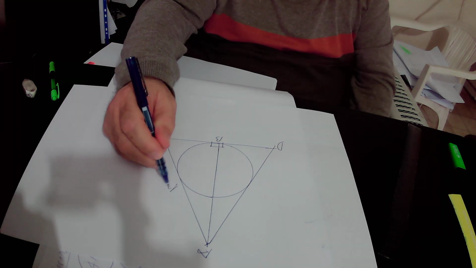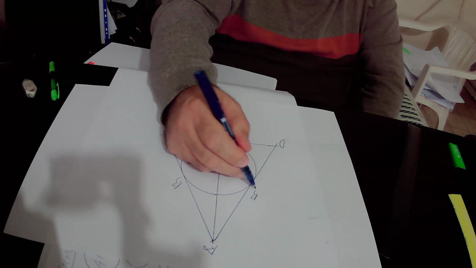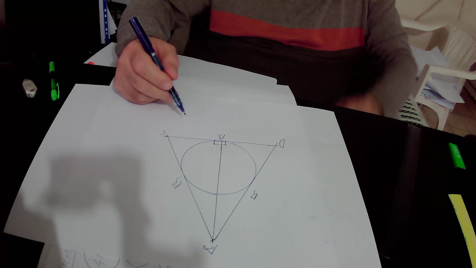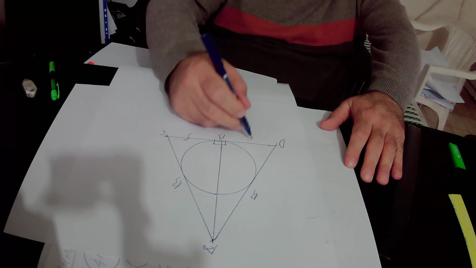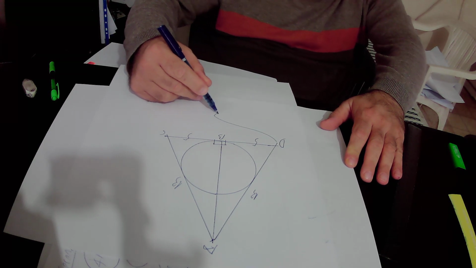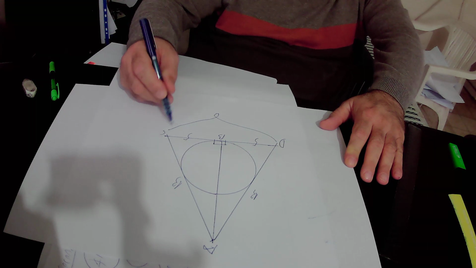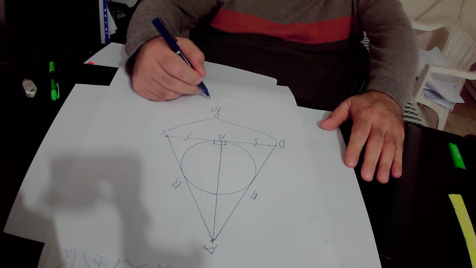AC equals 13 units and it will be equal to AD that is also 13 units. BC equals 5 units and it equals DB that is also 5 units. So DC will be equal to 5 plus 5, that is to say it will be equal to 10 units.